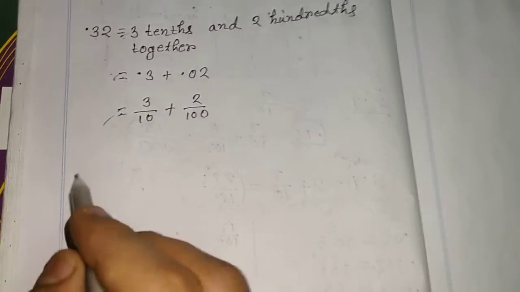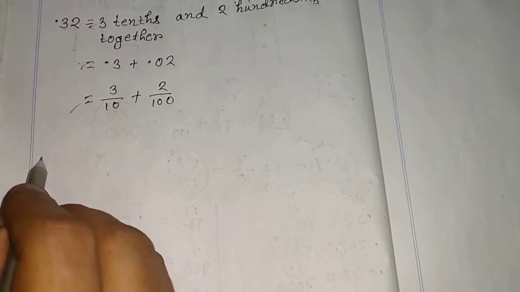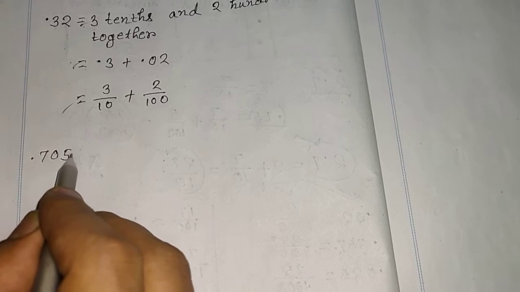Okay, let's take another example. Let's take 0.705.